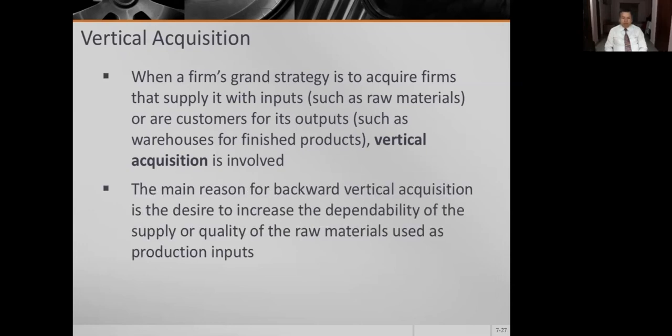The main reason for backward vertical acquisition, backward meaning toward the supplier, is to increase the dependability of supply or quality of the raw materials used as production inputs. Not necessarily everybody would like to do that, but if you are cost conscious and also quality conscious, perhaps you want to control that component chain also.